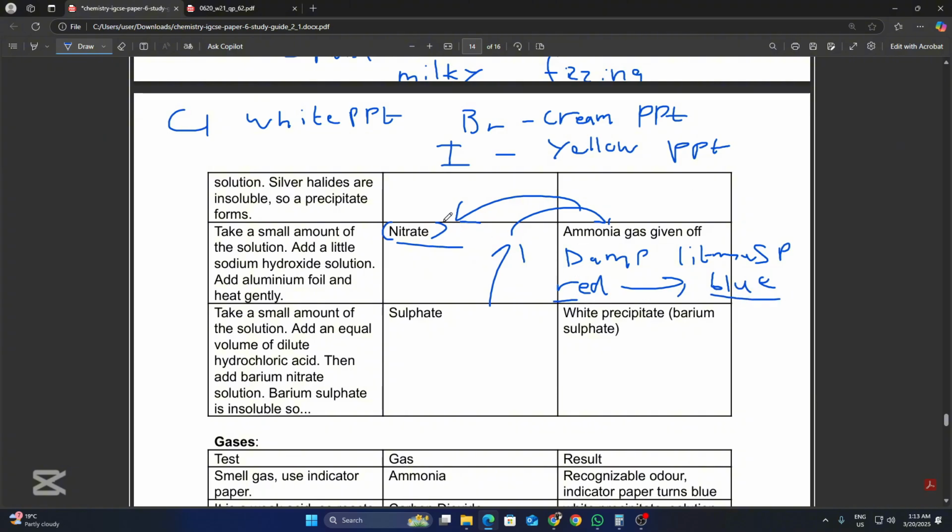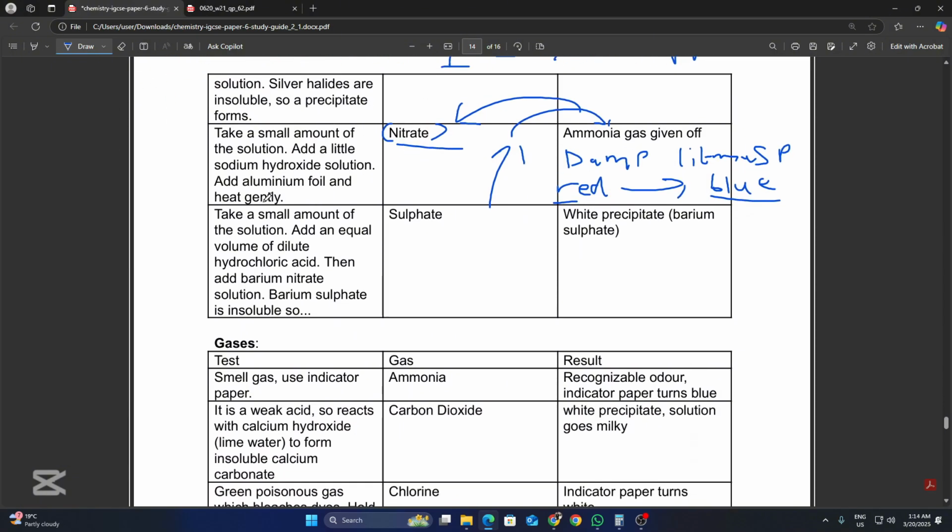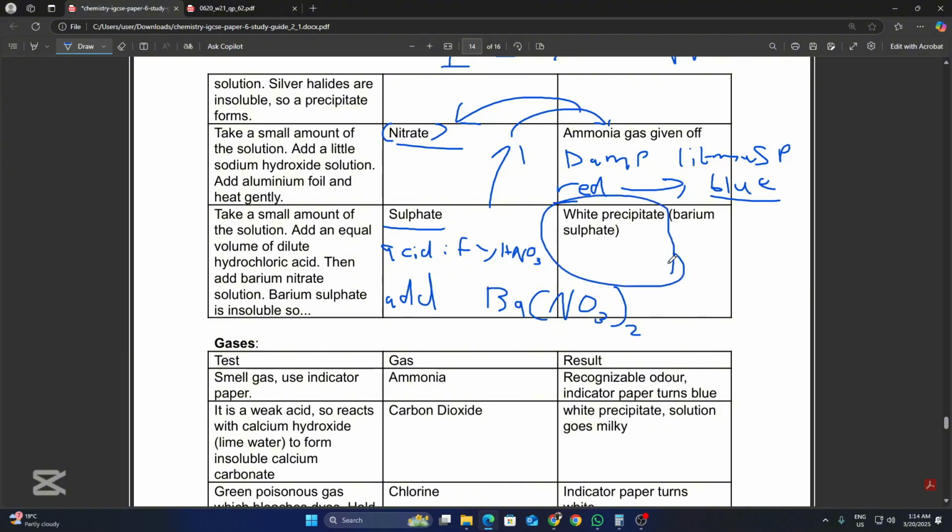Now, for sulfates, we need to acidify with nitric acid, which just means add nitric acid, and then add barium nitrate solution. Our result will be a white precipitate.